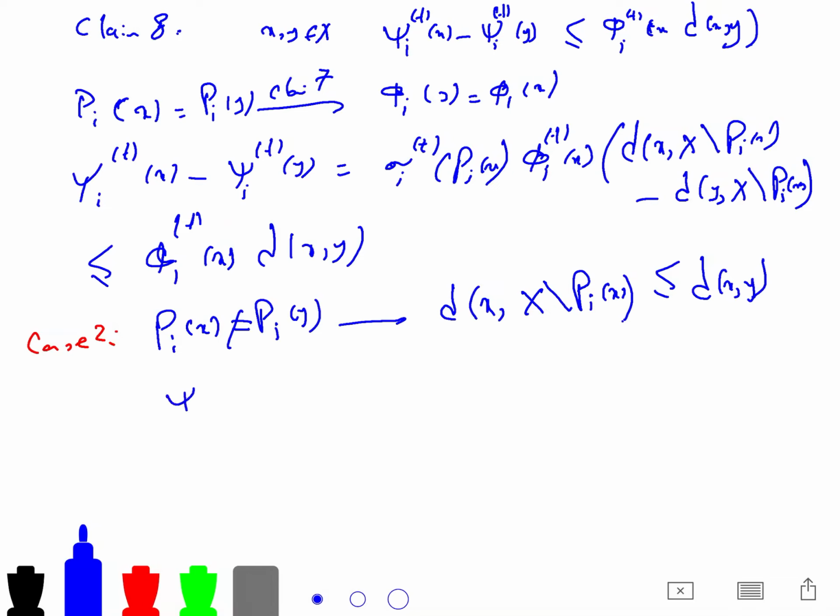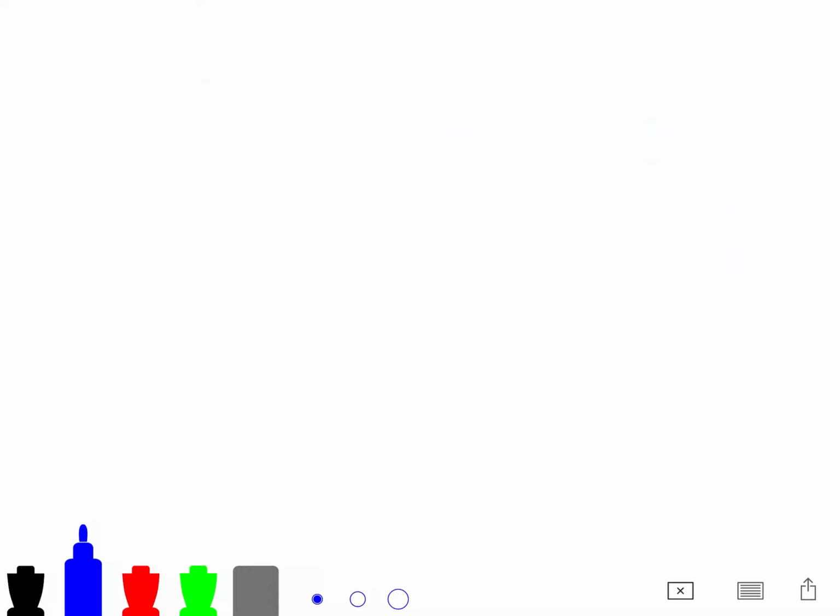So psi I of x minus psi I of y is less than psi I of x, and this is less than phi I of x d of x and y. So we proved it. But Lemma 9 is the final thing that you need to do.